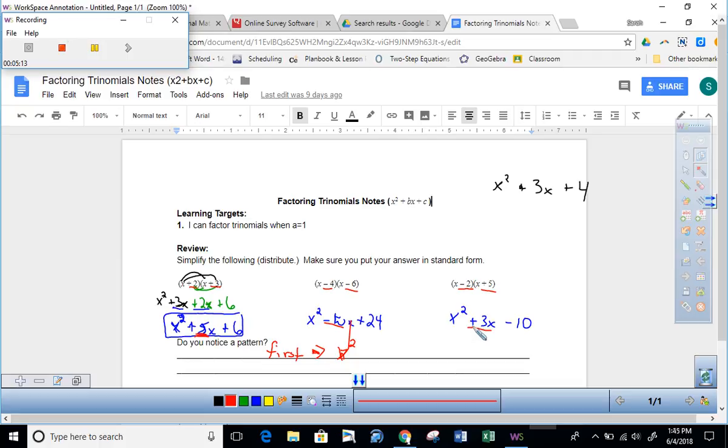I'm hoping that you were like, oh, to get the middle term, I added those numbers.